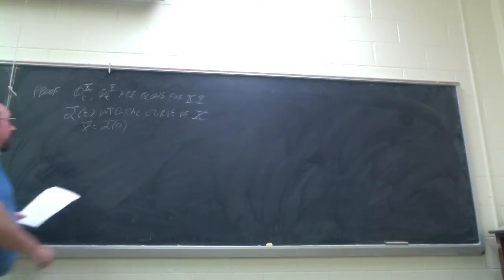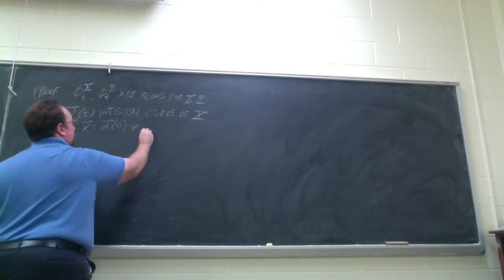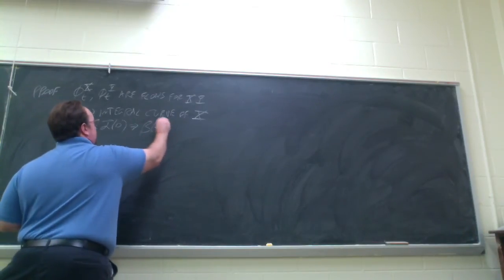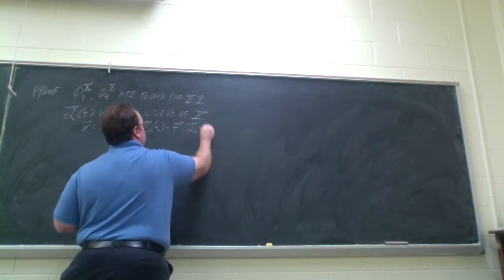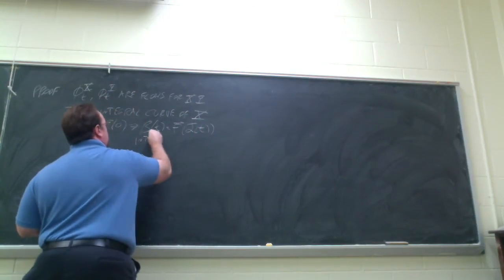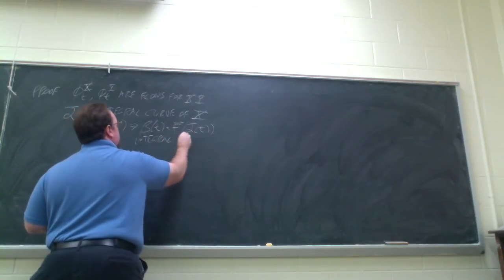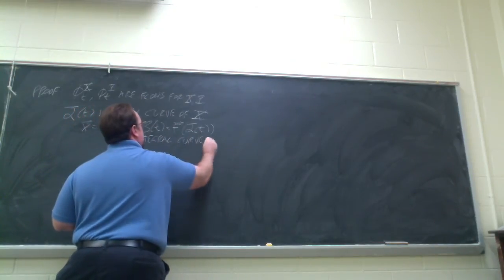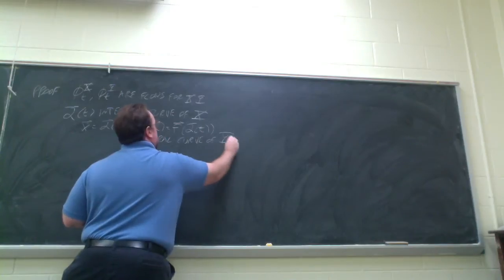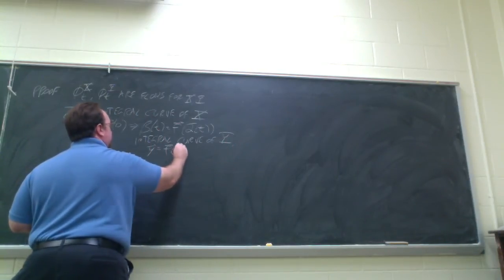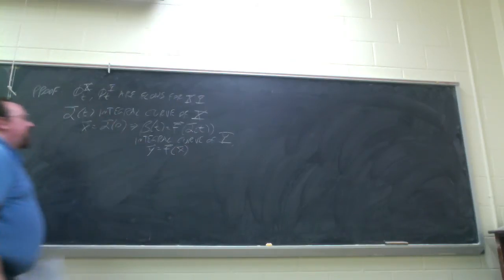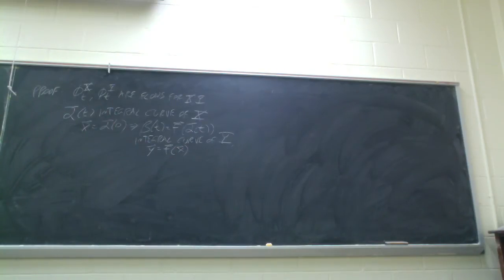Then that means beta of t, which is f of alpha of t, is an integral curve of y. And I'll let little y be f of x. So we have integral curves for each system that are related by f.